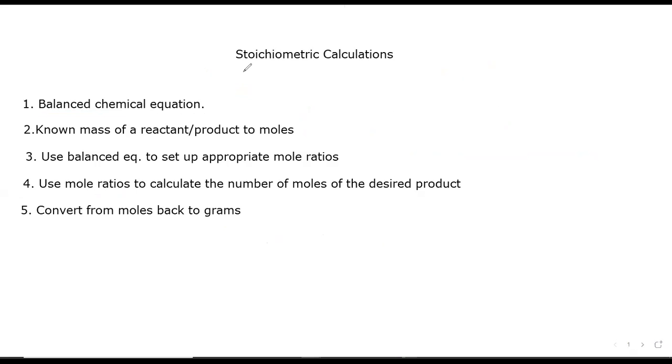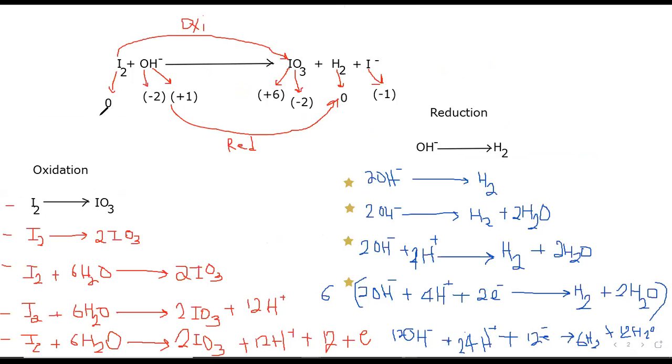Most of the time, the questions will actually be balanced for you, so you don't need to worry about that at all. But we've balanced a chemical reaction, which was this one. We started by assigning the oxidation numbers, which helped us identify which one is oxidized and which one is reduced.